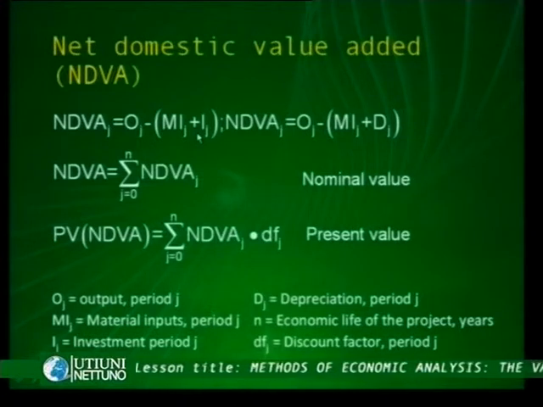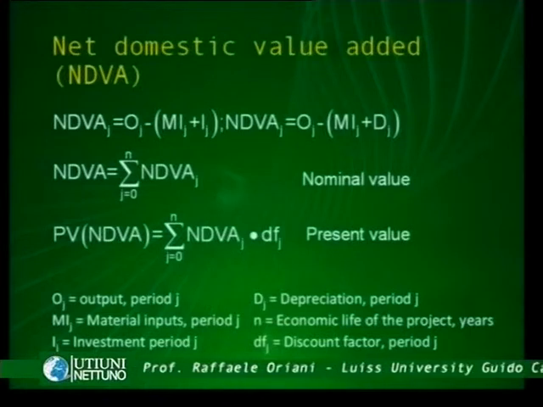The net domestic value added is calculated in a way consistent with what we said in the previous class about the definition of the different levels of value added, in particular the net domestic value added. Here the net domestic value added at time j can be calculated in two alternative ways depending on whether you are adopting a static or dynamic view.